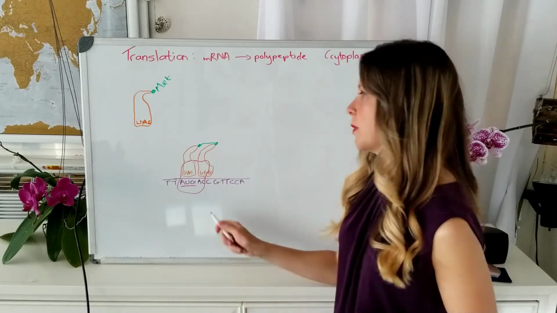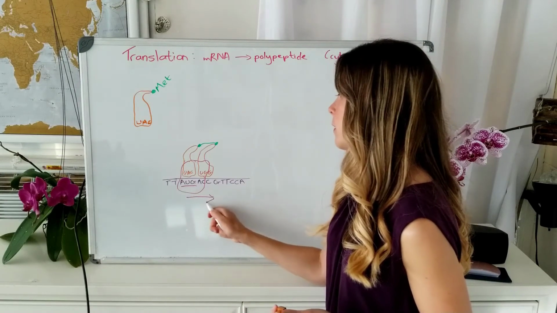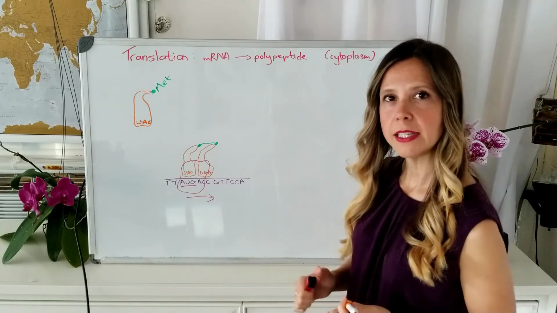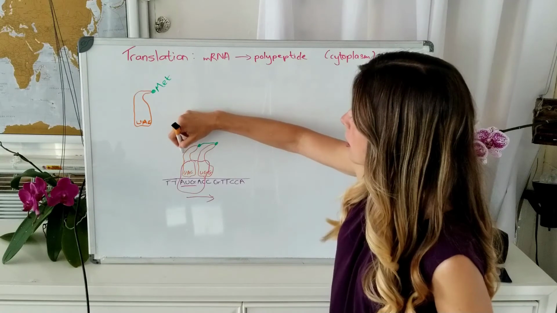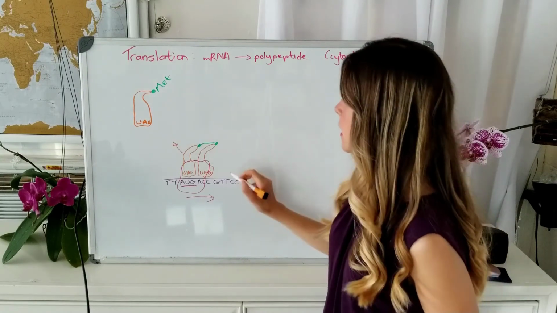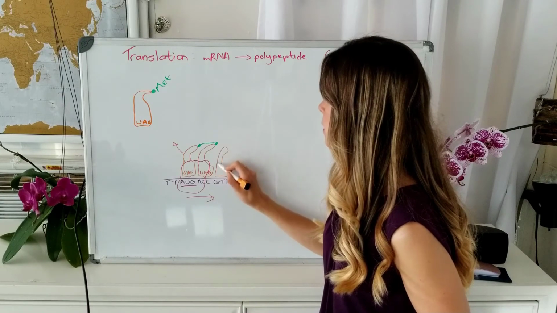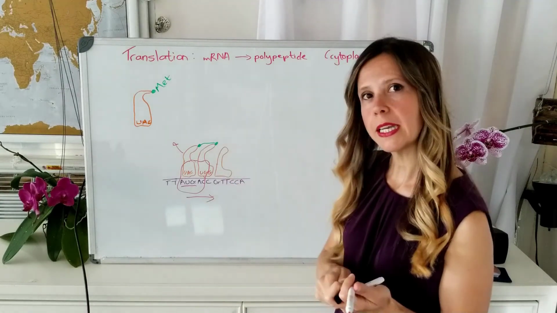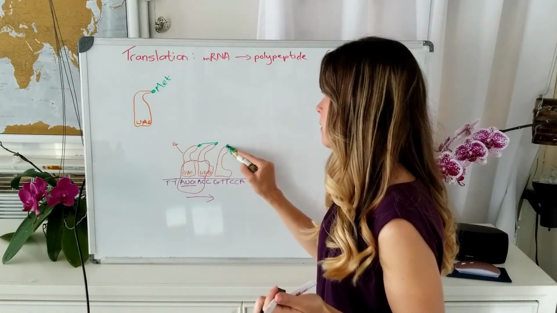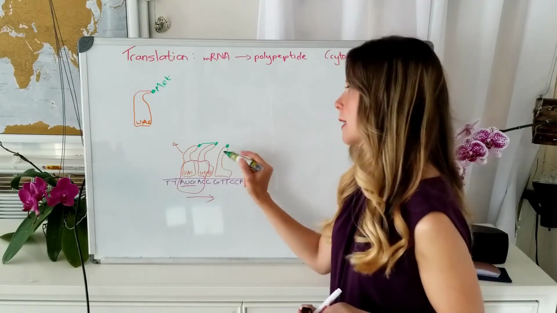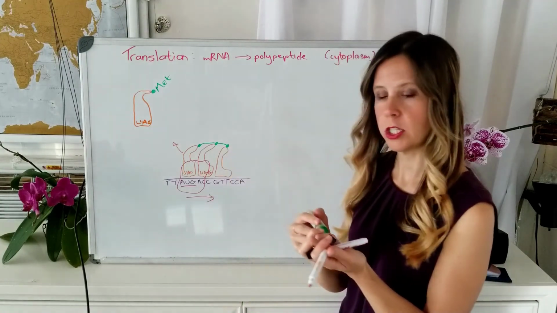The ribosome will then move one codon to the right. When that occurs, this transfer RNA will be released, and a transfer RNA that recognizes GTT will be brought in, once again carrying an amino acid. This amino acid then gets linked to the growing amino acid chain.